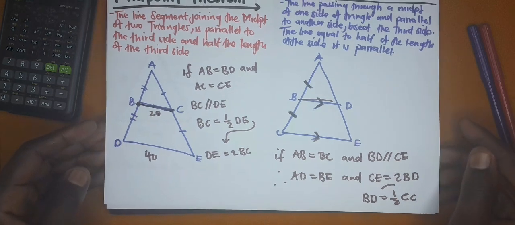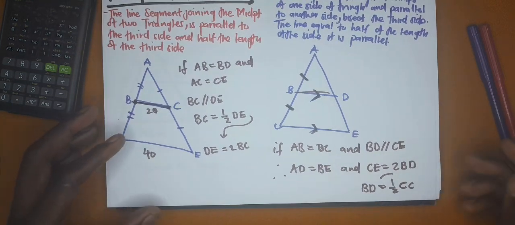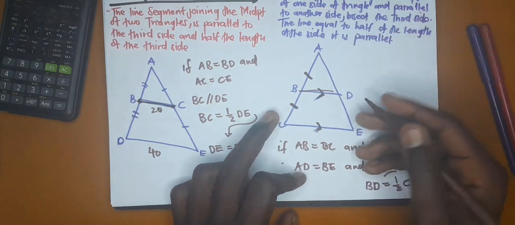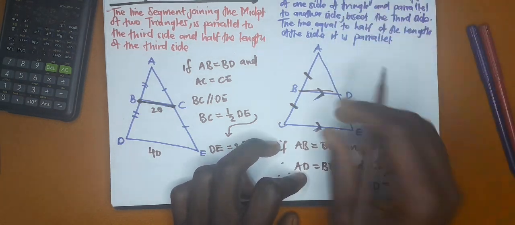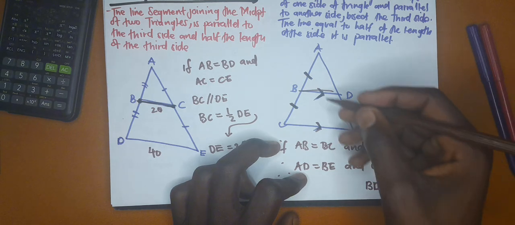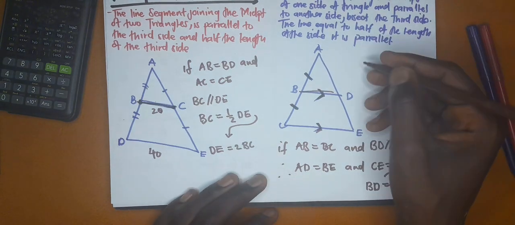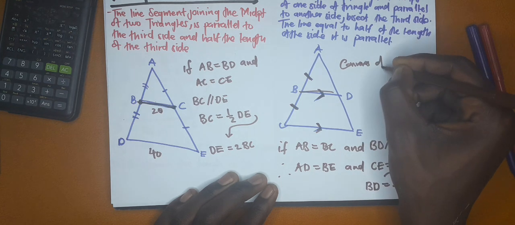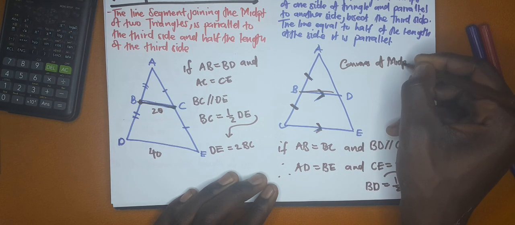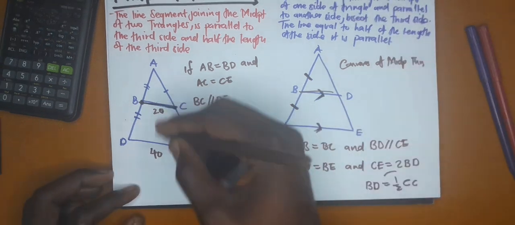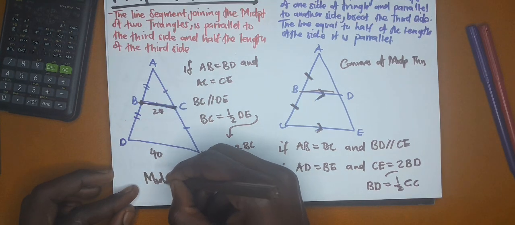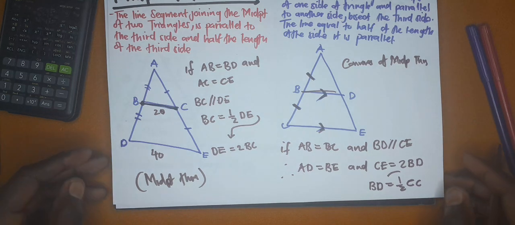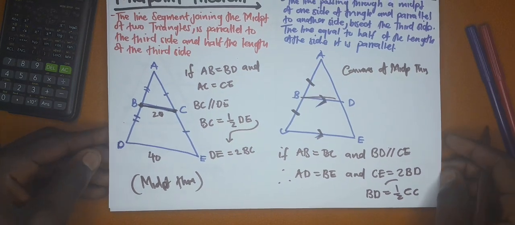Perfect. What I want you to pay close attention to is the reasoning of these two theorems. Whenever you're given this kind of diagram where you're not given the two sides that are equal and you're given the parallel lines between the triangles, then the reason is that this is the converse of the midpoint theorem. So for the reasoning for these two triangles, you're just going to say it's the midpoint theorem.